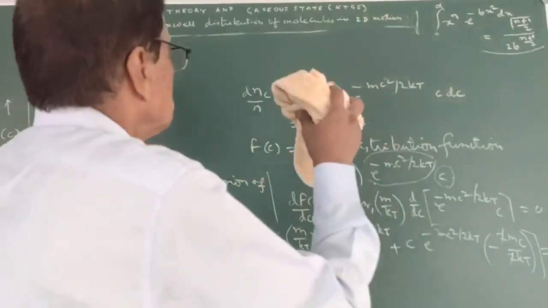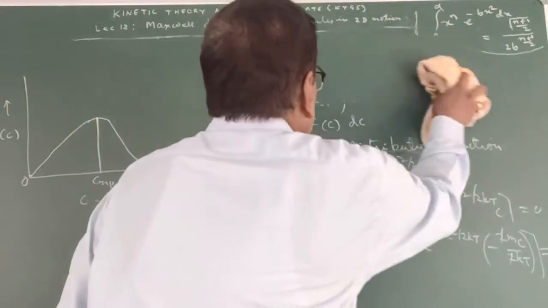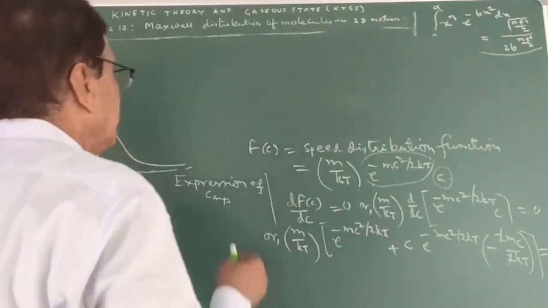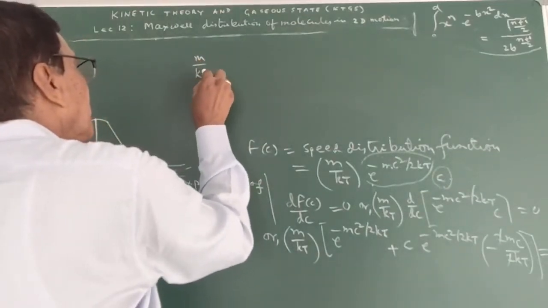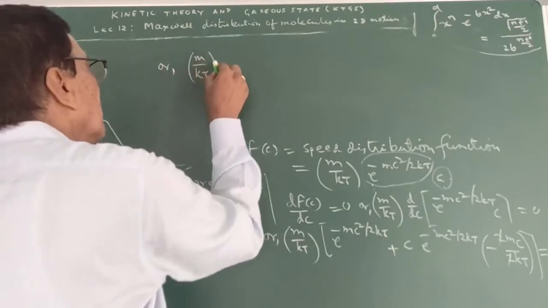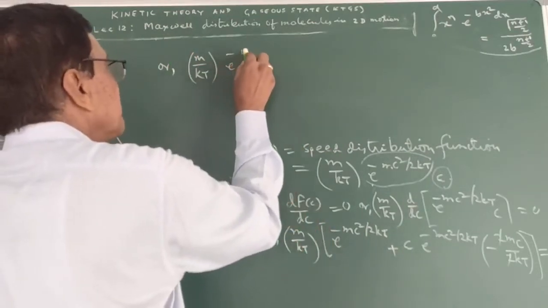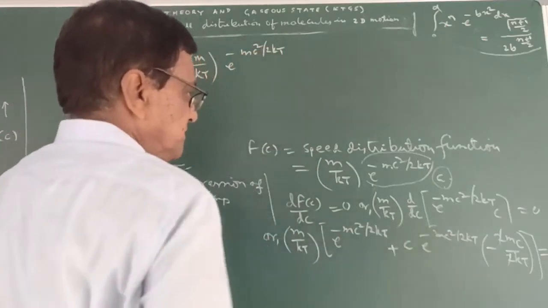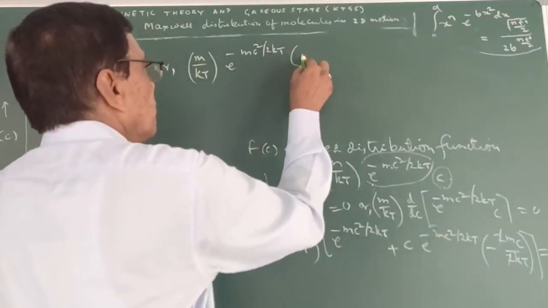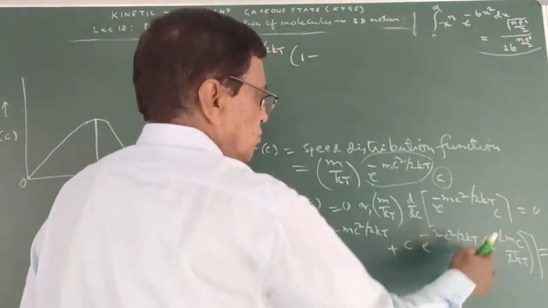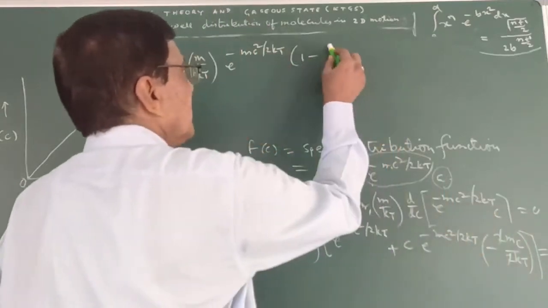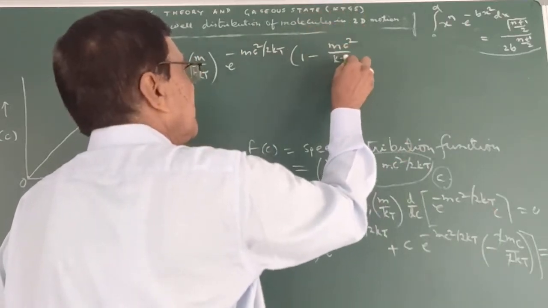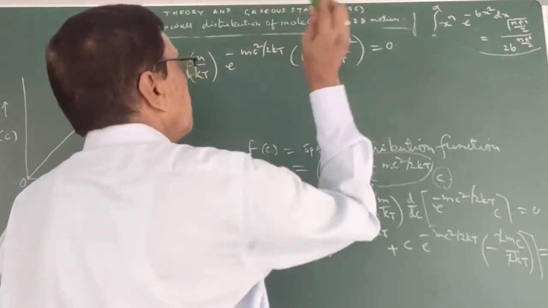If we solve this, then m by kT and e to the power minus mc square by twice kT is common, and here 1 minus, 2 cancels, C and C square, then mc square by kT, equal to 0.